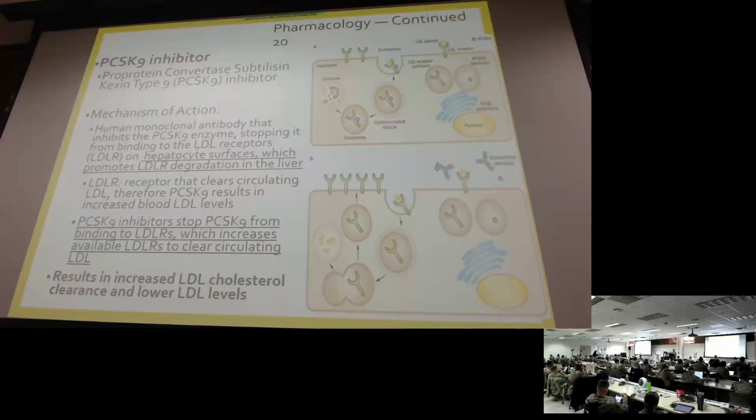So that's what this is saying, that it is trying to stop that PCSK9 from degrading your LDL receptors on your hepatocyte, and therefore now I can bind more of my LDL out. So just remember the underline. It'll be very similar to this if you see this on the exam for your mechanism of action. Results overall, getting rid of more LDL out of your body. So I'm decreasing my LDL levels, which is what we want.